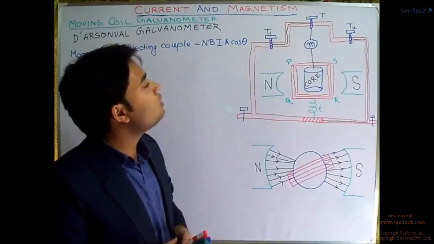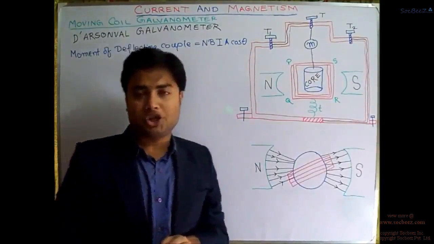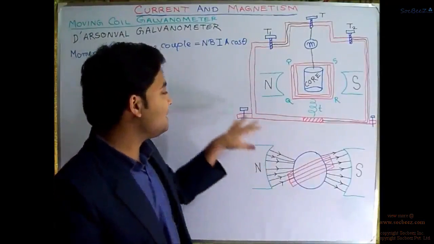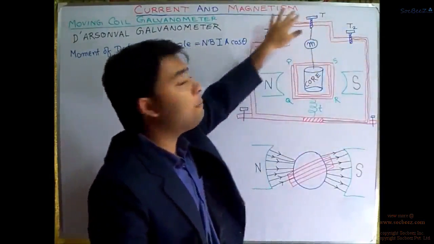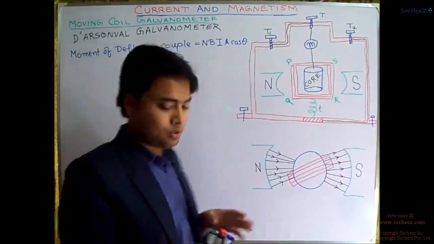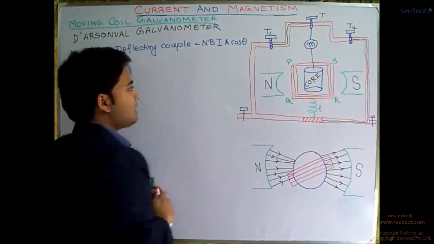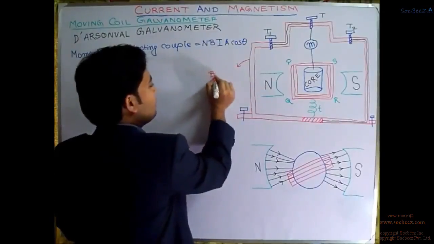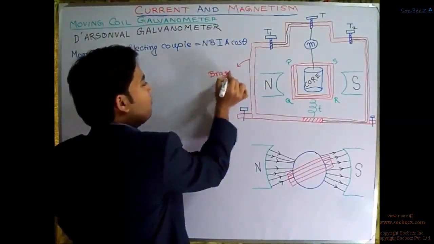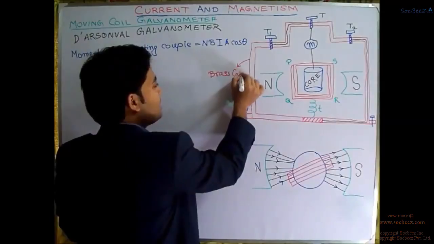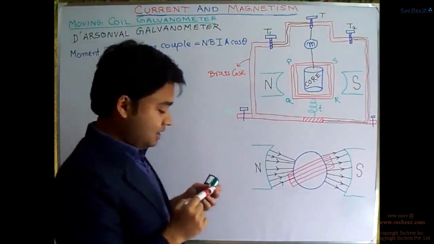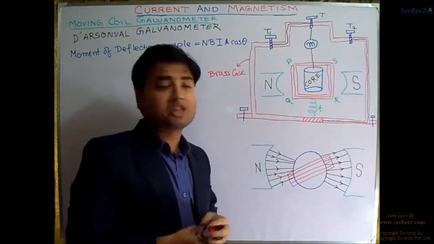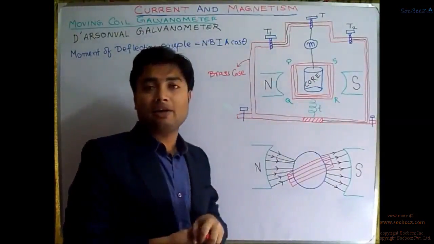First of all, to understand this construction, we have to understand that this is a brass case, right? So we can say that these things are made up of brass case, and it is made as such so that disturbance does not happen inside.